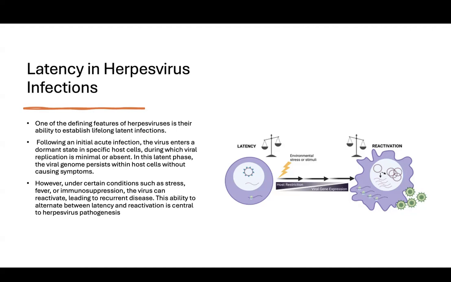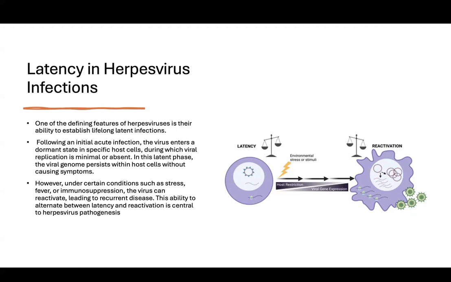So if you want to measure the amount of viruses, it's literally close to zero. But then suddenly we have an environmental stress or stimuli, be it sunlight, be it stress, be it UV, so many different things that it could be. Suddenly this virus wakes up and we start getting a reactivation, and we get to see these DNA viruses really just going all overboard.